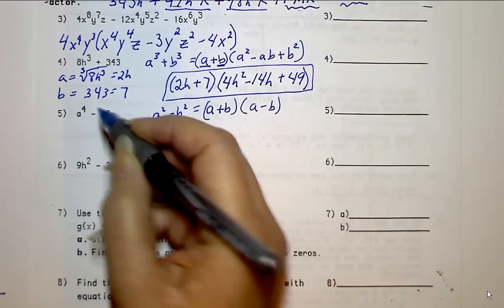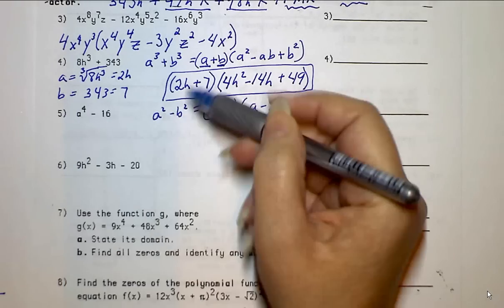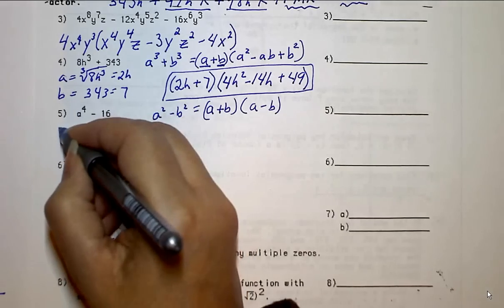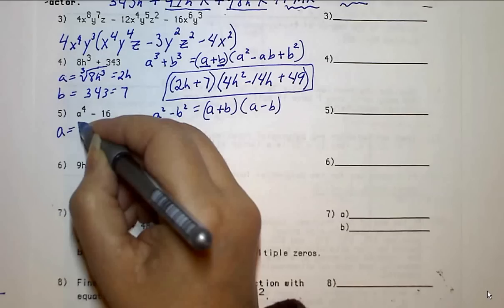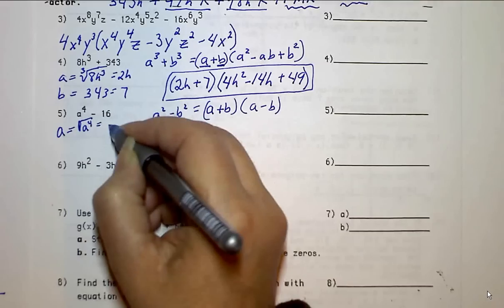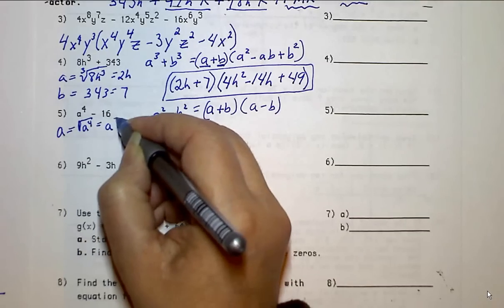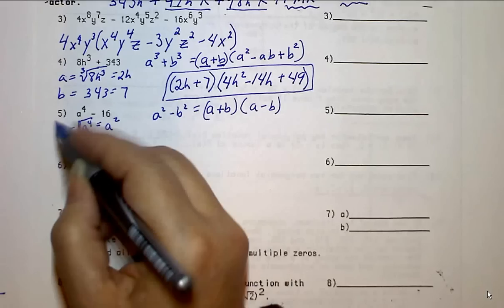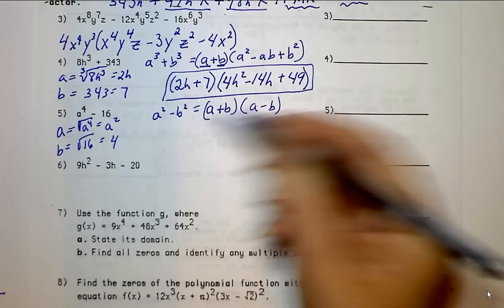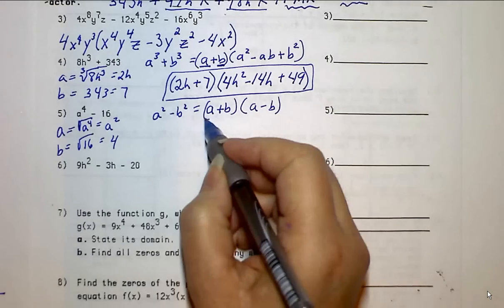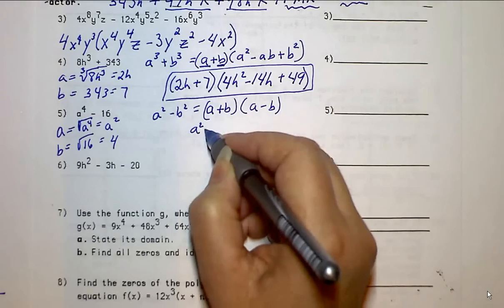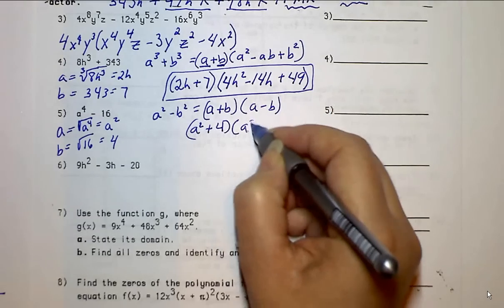So to get a, you have to take the square root of this. So a is going to equal the square root of a to the 4th, which is a squared. Then we're going to take the square root of 16, which is 4. So this tells me that we have a squared plus 4 and a squared minus 4.